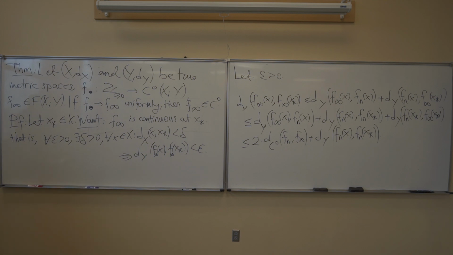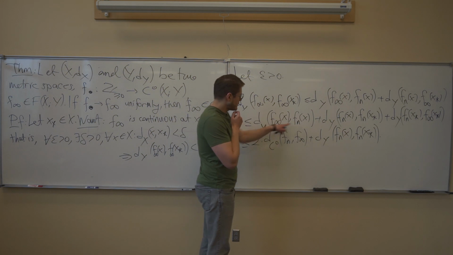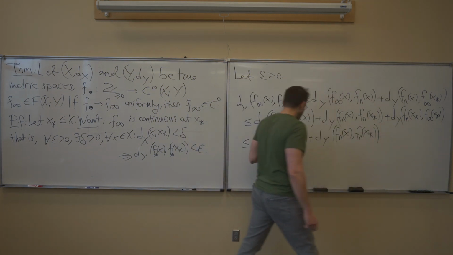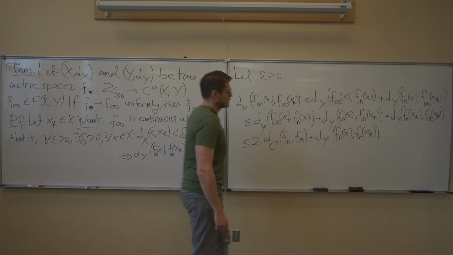Any questions so far? I just applied the triangular inequality and the definition of the C0 distance. So this is bounded from above by this, and likewise this is also bounded from above by the same expression. So I have twice this expression, plus I have the middle term.